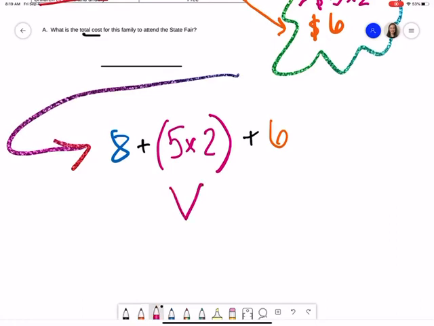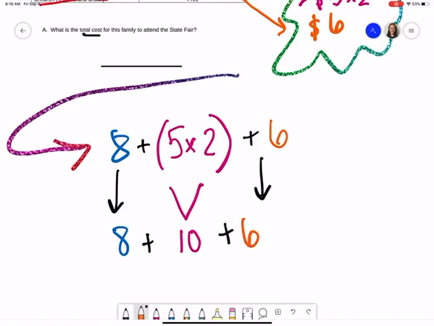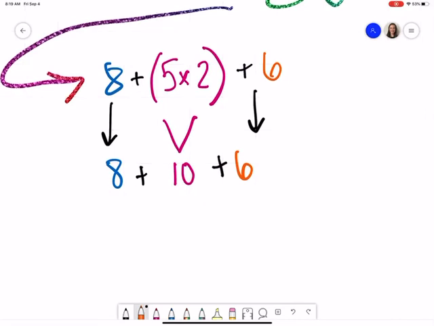So let's go ahead and do this. 5 times 2 is 10. We're going to bring down the 8 plus and bring down the plus 6. Okay. Now, these are both additions, so we just go left to right, okay? Here, let me do that in black so we don't get confused. Left to right.